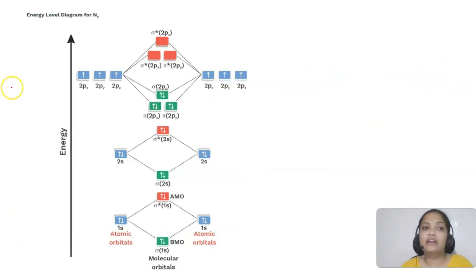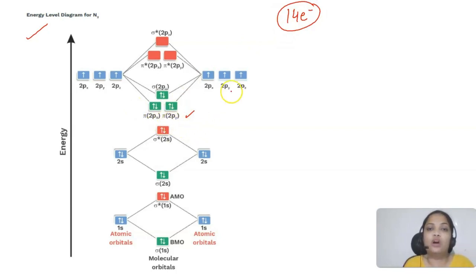Now comes nitrogen, very important. You can do it for beryllium, boron. Okay, you can do that. We are discussing nitrogen now. So nitrogen में total you have to fill 14 electrons. Here now 2p orbital will come. And I have told you that up to nitrogen ये order follow होगा. So you can just simply write the order first. Sigma 1s, sigma star 1s, if you remember, sigma 2s, sigma star 2s.